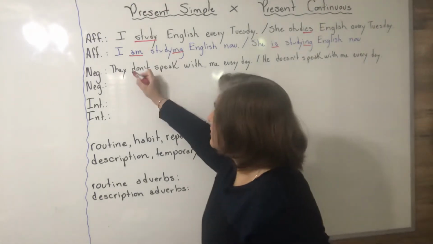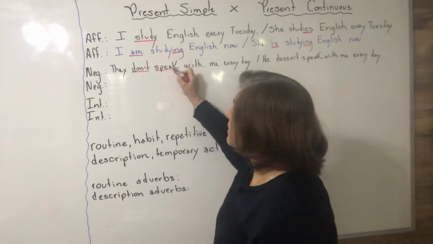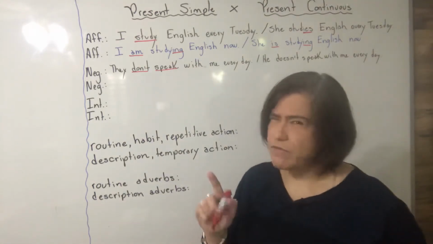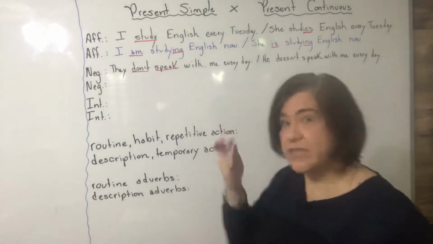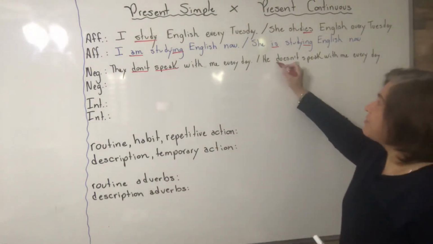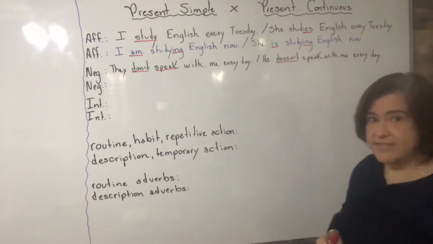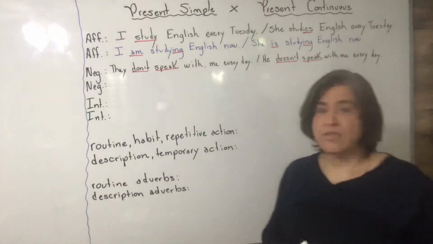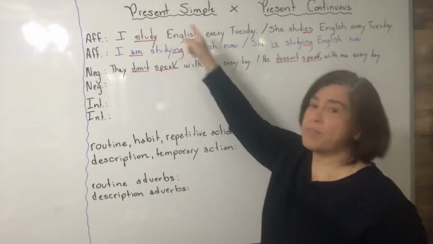We have the auxiliary and the verb in infinitive form. Remember? If you don't remember, Unit 3, return there. If I have he, she, it, the auxiliary is doesn't, and the verb in basic form. Okay? So this is the negative of present simple.